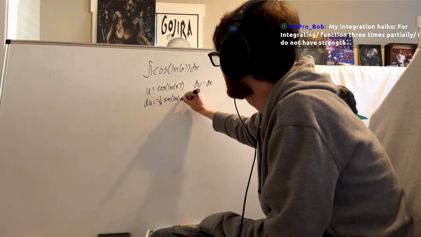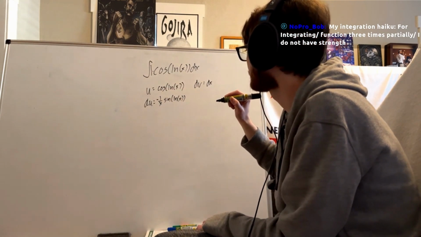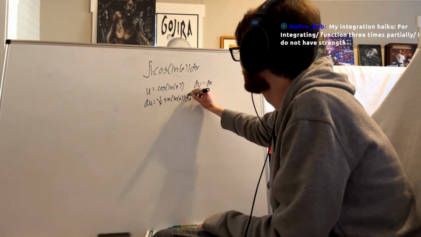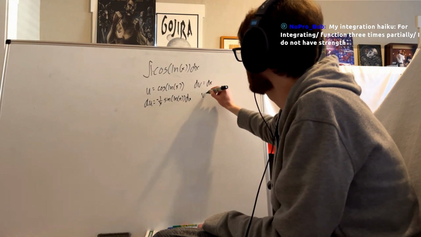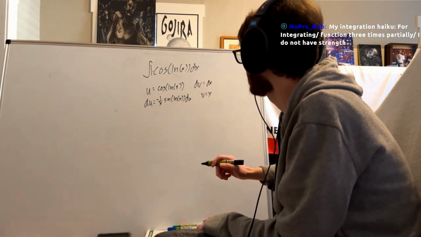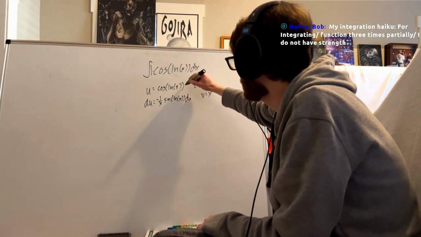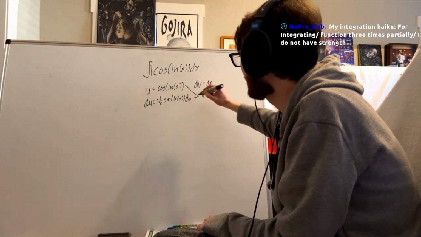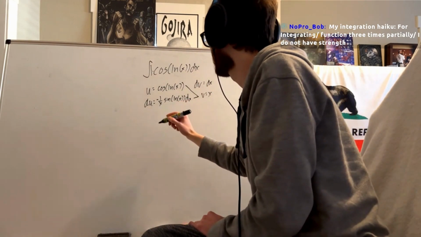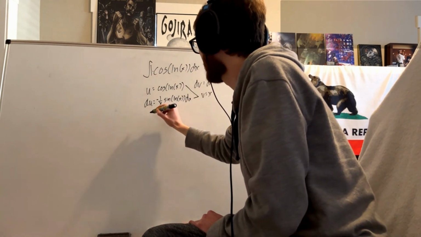Sine of ln x, dx. Now v we integrate. That 1 just integrates to x. Now the formula is u times v minus the integral of v times du.